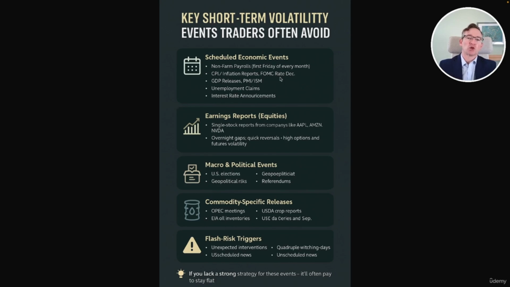For instance, if you were a short-term swing trader and the Federal Reserve is meeting on Wednesday, you wouldn't open a new position on Tuesday, because the chance of the Federal Reserve surprising markets is high just before the decision.